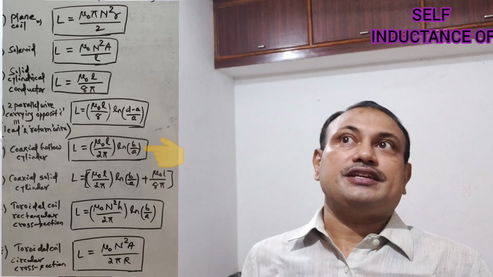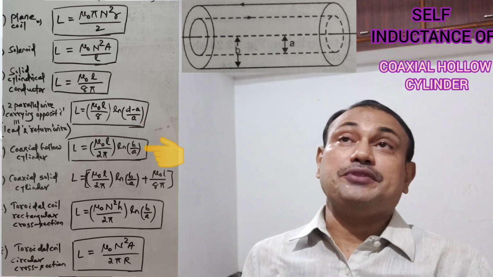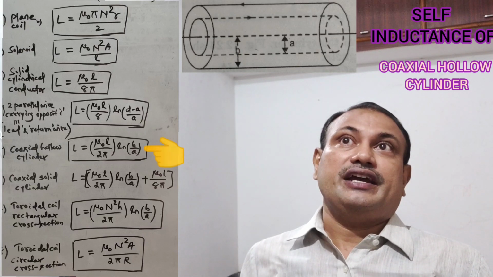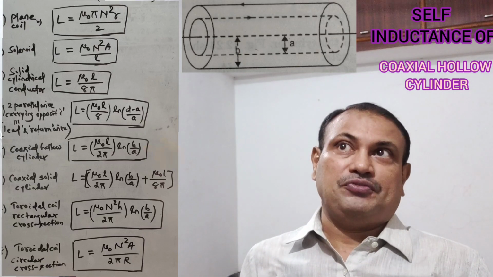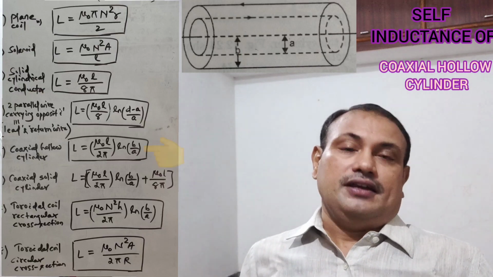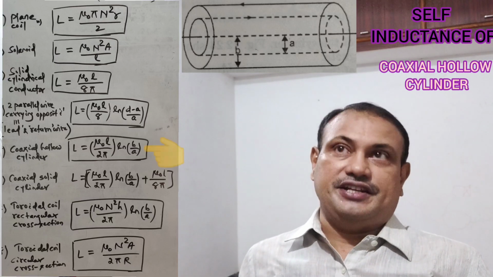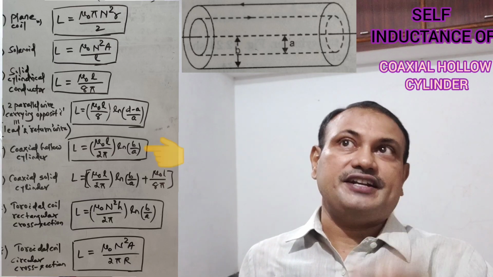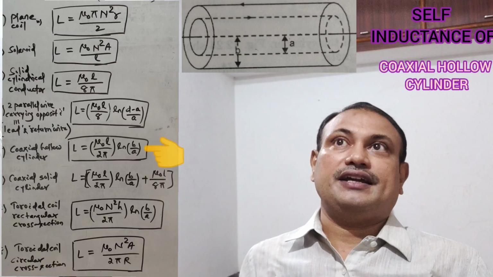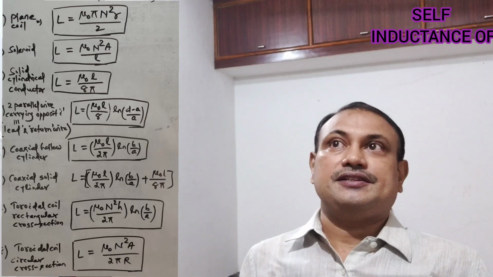Now, in the same way, for the coaxial hollow cylinder the self-inductance is mu 0 times small l upon 2 pi times ln b by a, where a and b are the respective radii of the hollow cylinders, a being the internal radius and b the external radius, and l being the length of the coaxial hollow cylinders.